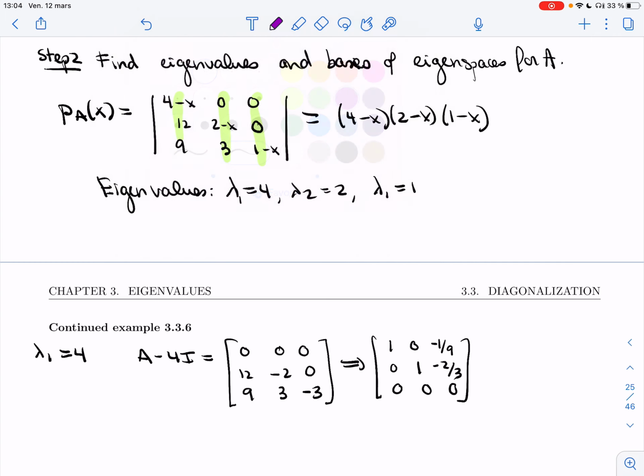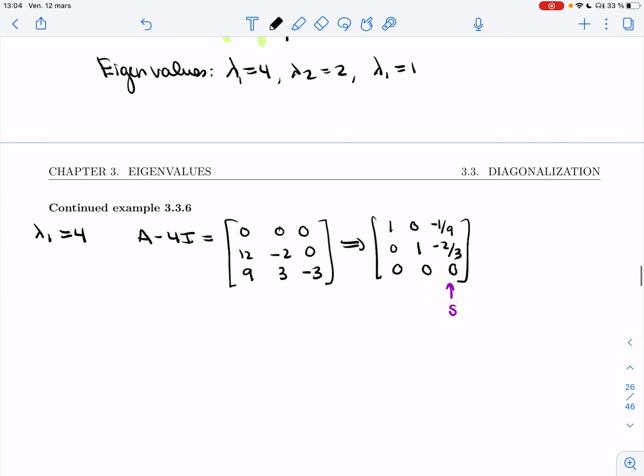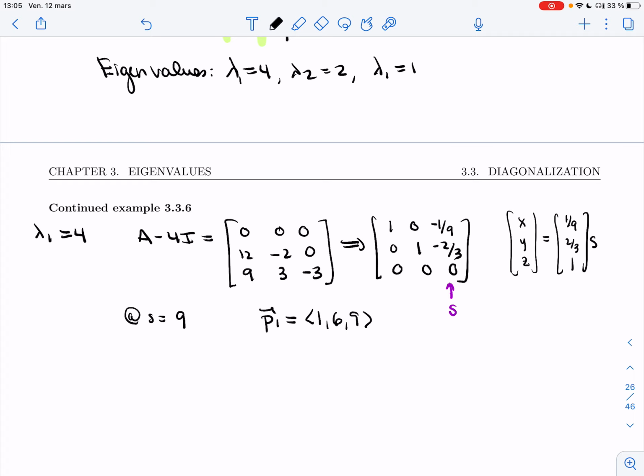And if I took s right here, I would get that (x, y, z) is (1/9, 2/3, 1) times s. I'm going to take s equals 9 just to avoid fractions. And so my first eigenvector is (1, 6, 9). The basis for E_4 of A is (1, 6, 9).